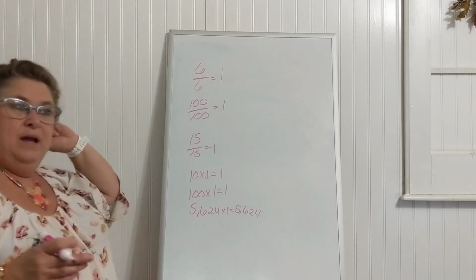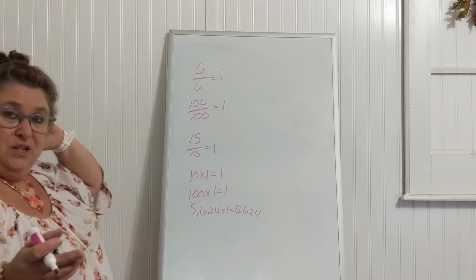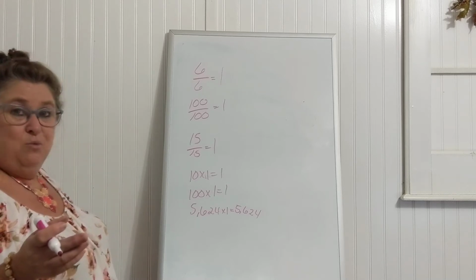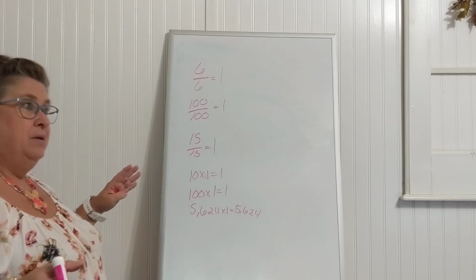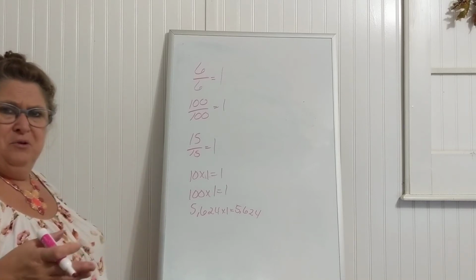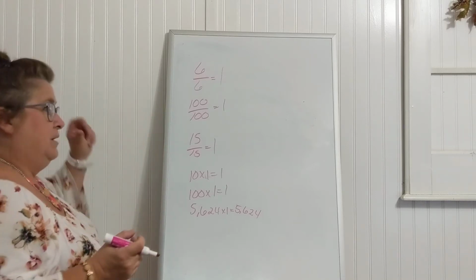It's almost like when we were reducing fractions and I showed you how 2/4 and 1/2 equal the same thing. This is just going about it from another route, okay?